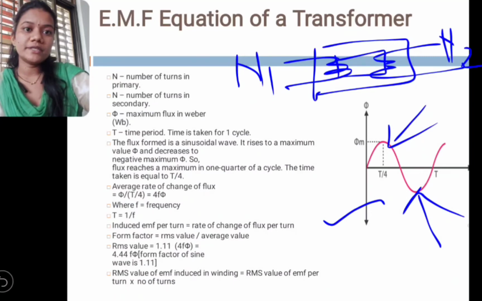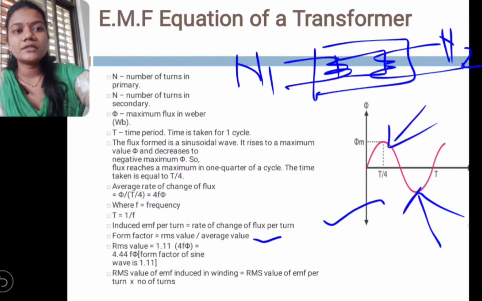So we can call it 4f phi, where f is your frequency and T is 1 upon frequency. Induced EMF per turn is equal to the rate of change of flux per turn. The form factor is the ratio of RMS value to the average value.